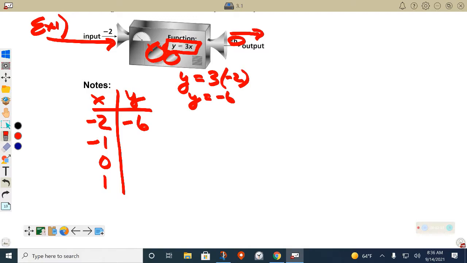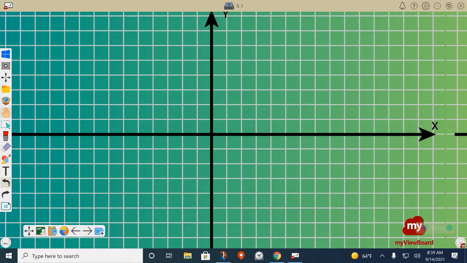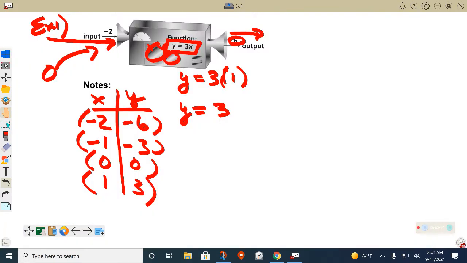Let's try the next input. The next input is -1, so 3 times -1, what does that become? -3. So far, so good. About half the page, make an x and y axis on your graph paper. 0, 0, and 1, 3.